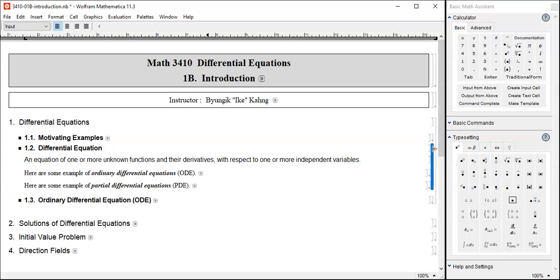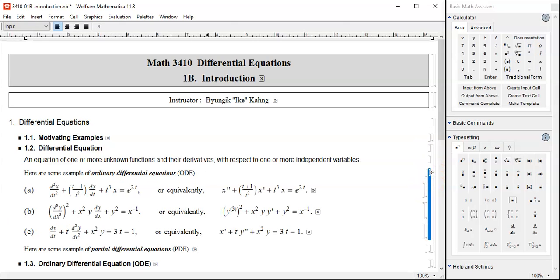Now, here are some examples of differential equation. What kind of equations are we going to be focusing upon? An equation of one or more unknown functions and their derivatives put together are called differential equation. And here are some examples of ordinary differential equation. Ordinary, what do you mean by that?